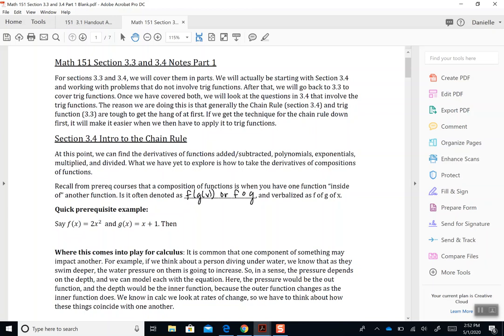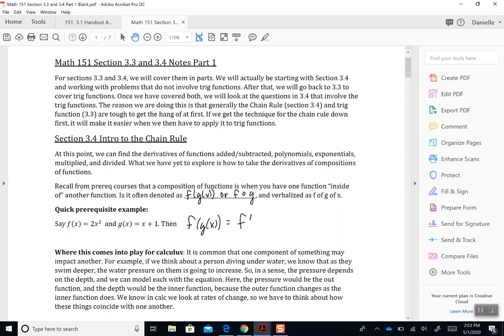Okay, so quick example just for prereqs. Basically, how do you plug a function inside of another function? We've done this a lot with the limits, but I'll go over it just in case. So if I have f of x equal to 2x squared and g of x equal to x plus 1, if I want to find f of g of x, I need to substitute g of x inside of this function.